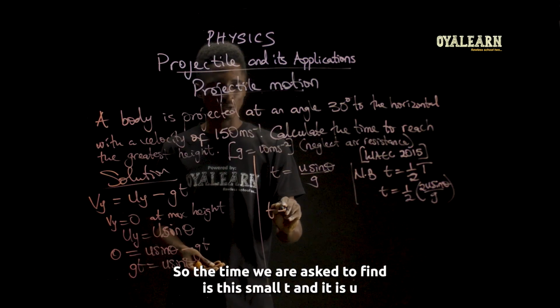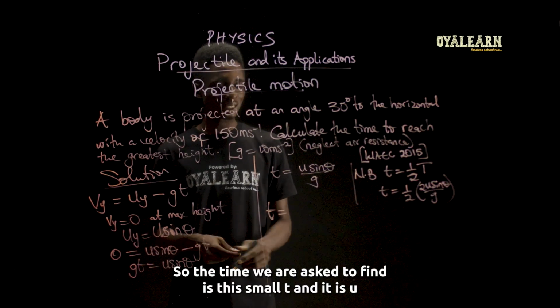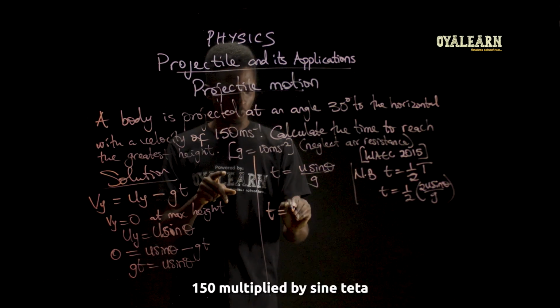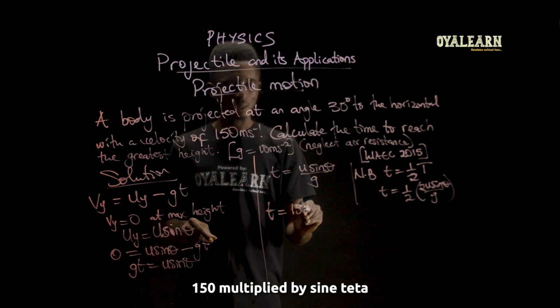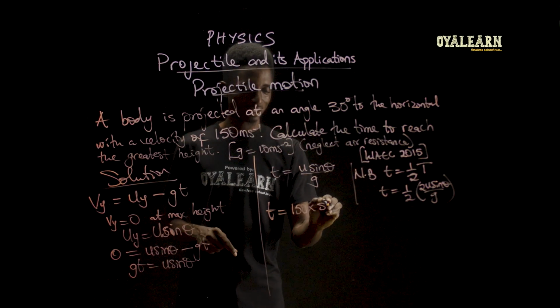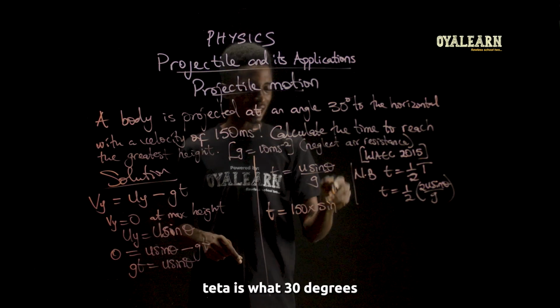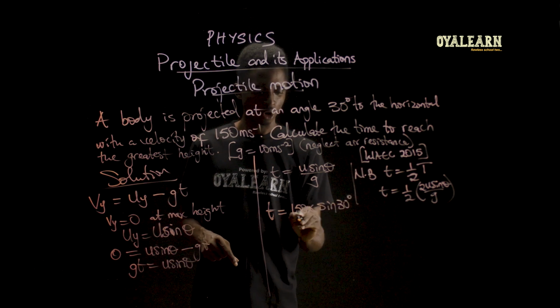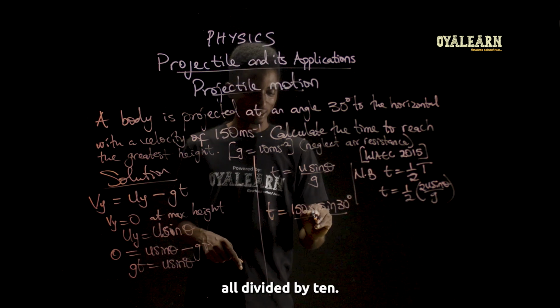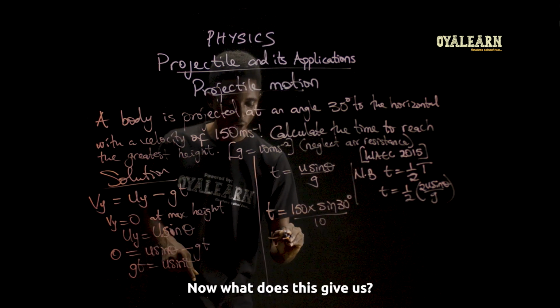So the time we are asked to find is this small t, and it is u, 150, multiplied by sine theta. Theta is what? 30 degrees. All divided by 10. Now, what does this give us?